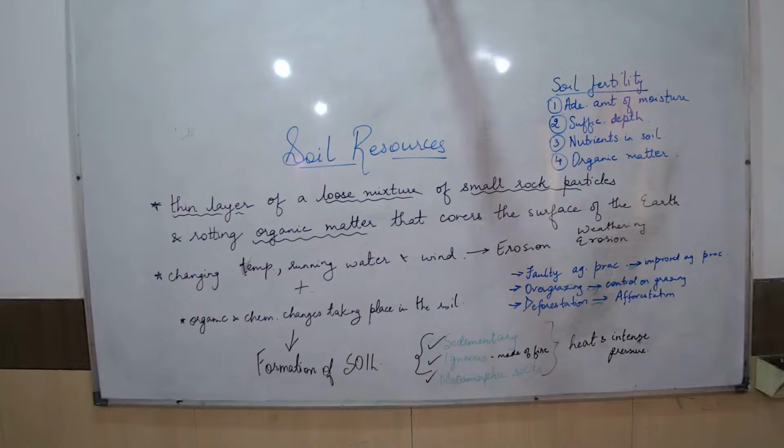Then you can add the others: millets, castor, tobacco, linseed, etc. Millets, castor, tobacco, linseed, right, in that order. Done?